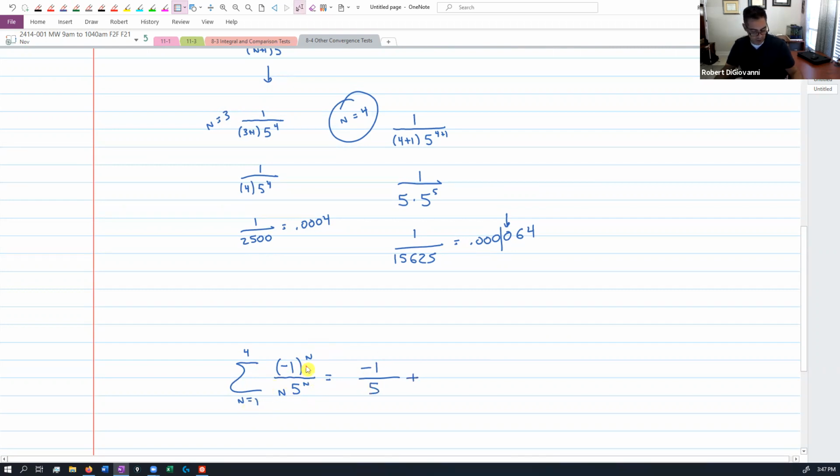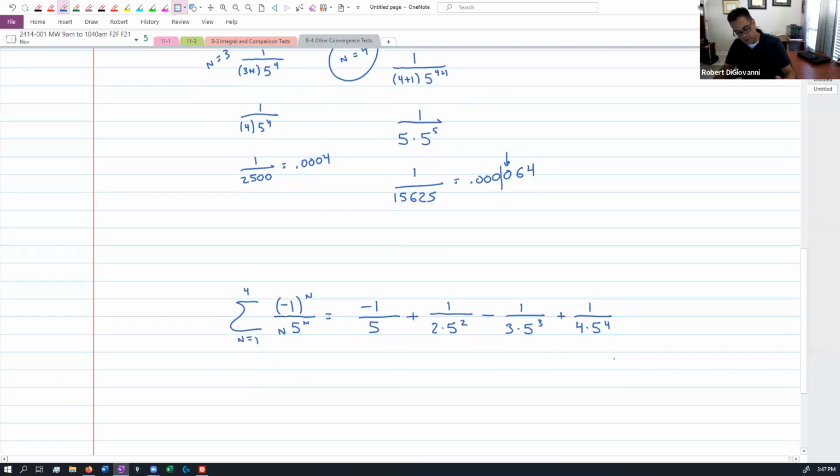Okay, because when we plug in 2, we're going to get a positive number. So we get a plus on top there. And now we're plugging in 2 here, so 2 times 5 squared. Now minus, and then we get 3 times 5 to the 3rd. And then we get plus. We're going to stop at this one, 4. So we get 1 over 4 times 5 to the 4th.